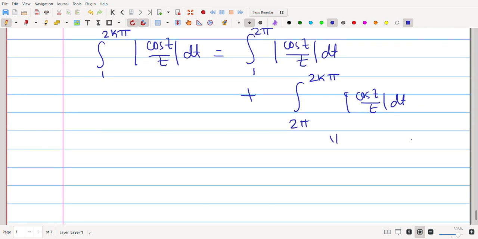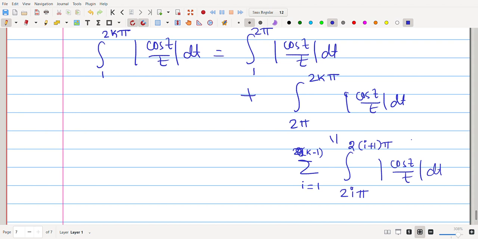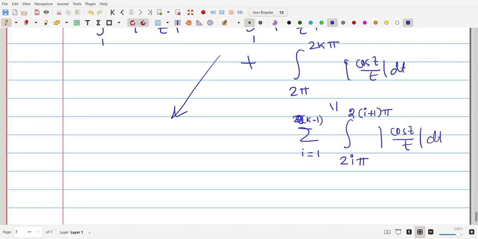Now this quantity can be written as the summation i equal to 1 to k minus 1 of the integral from 2i pi to (2i plus 1) pi of cos t by t dt. So now take the first part. cos t by t is continuous on 1 to 2 pi, that means it has a maximum value.